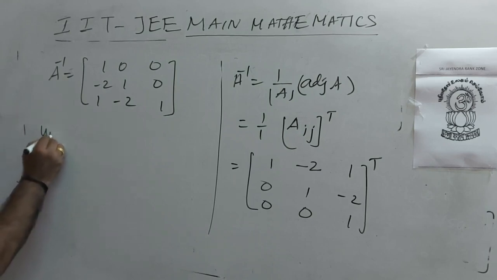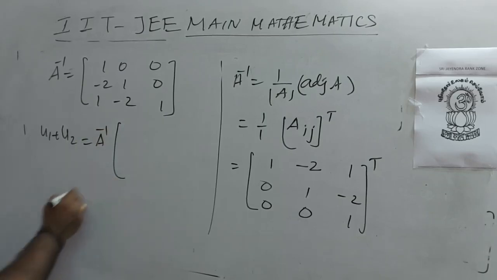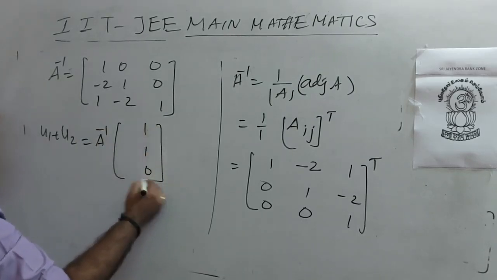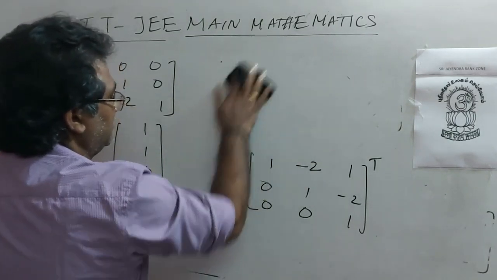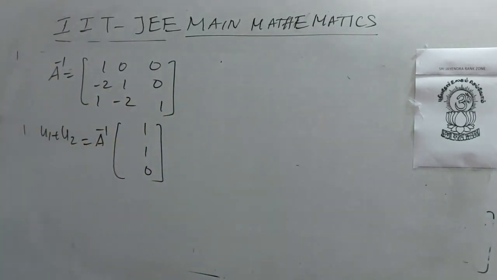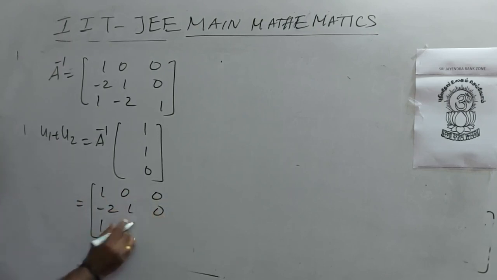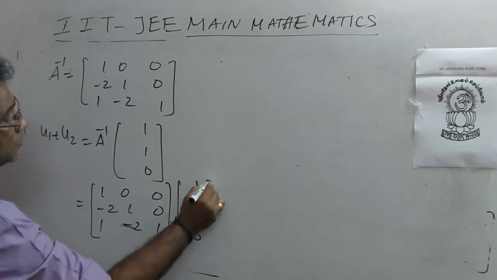So U1 plus U2 equal to A inverse into 1 1 0, equal to 1 0 0, minus 2 1 0, 1 minus 2 1 into 1 1 0.